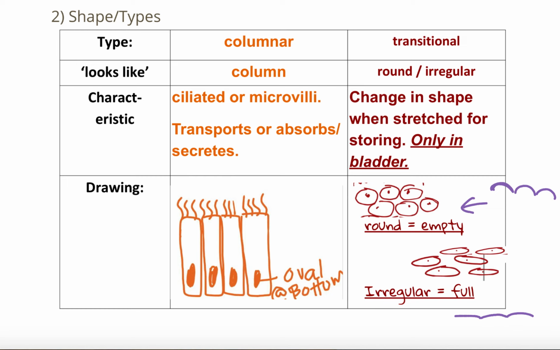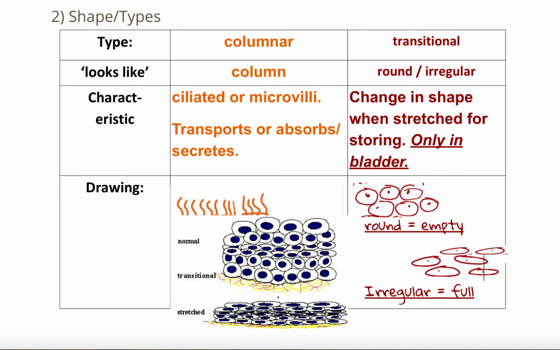Okay? So this is actually only found in the bladder. Nowhere else in your body has transitional tissues. It's the bladder because it's a surface area organ that's going to get really big and then really small constantly as it fills up with urine and releases the urine. So this is kind of a picture of that phenomenon with transitional.